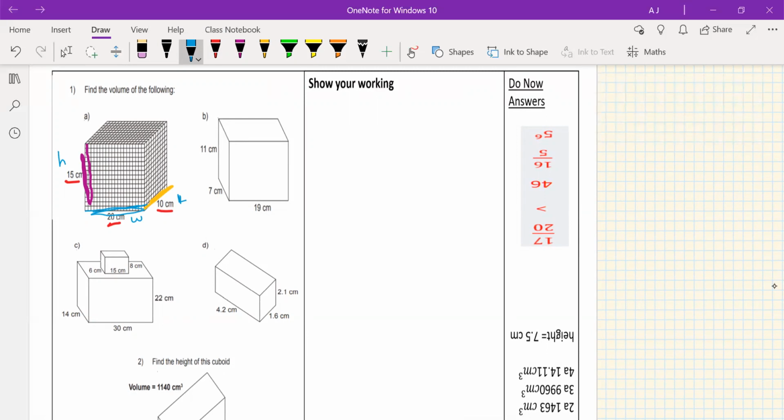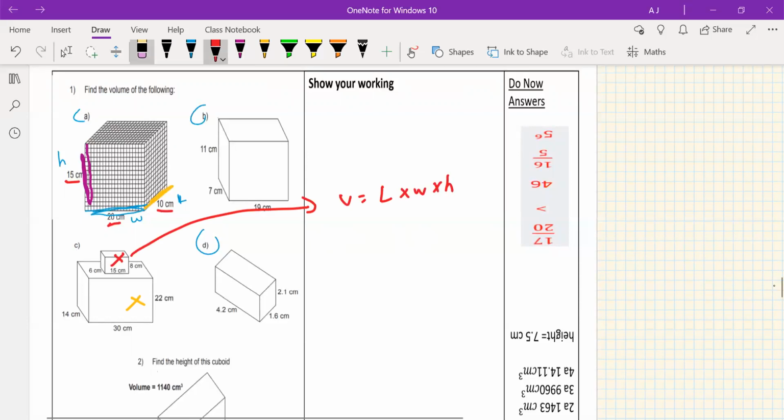And question 1A, 1B and 1D are similar. So what you're going to do for 1C? 1C is slightly different. If you look at this, we have 2 cuboids put on top of each other. That's the smaller one right at the top, and there's another big one right at the bottom. So we need to work out the volume for the small one, length times the width times the height.